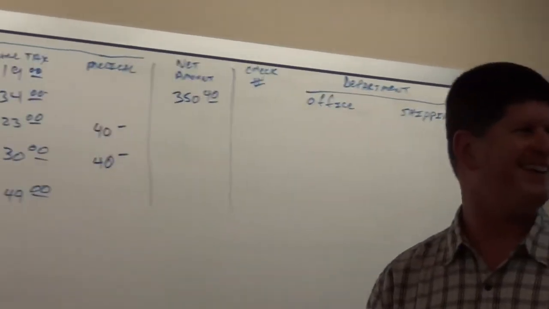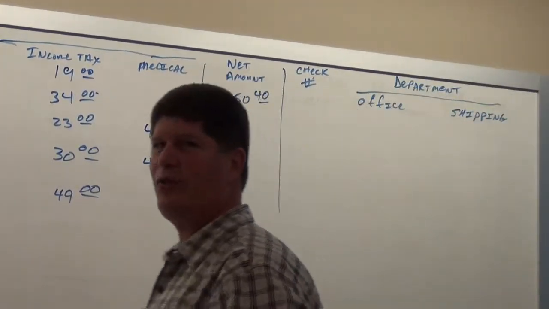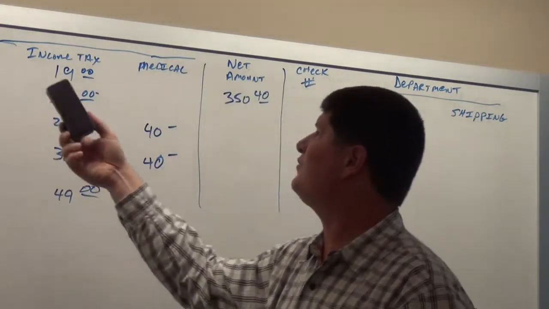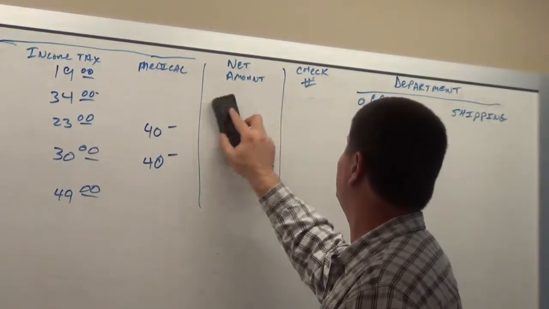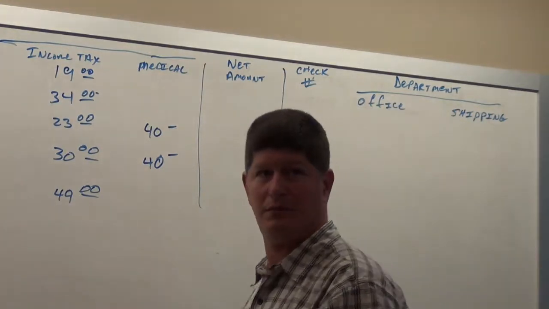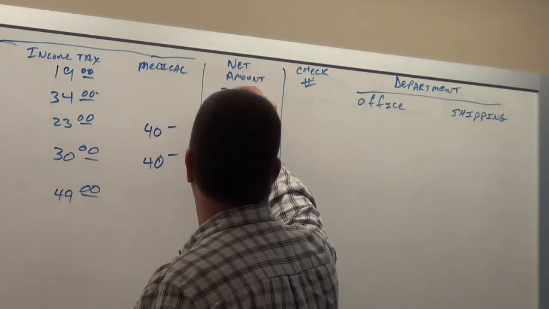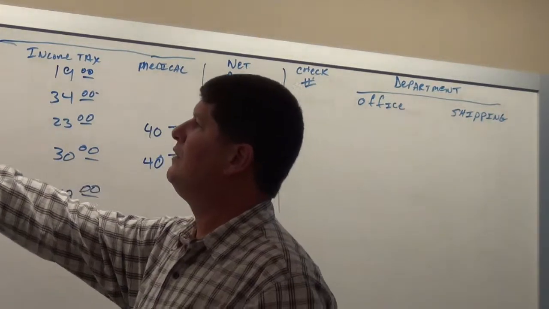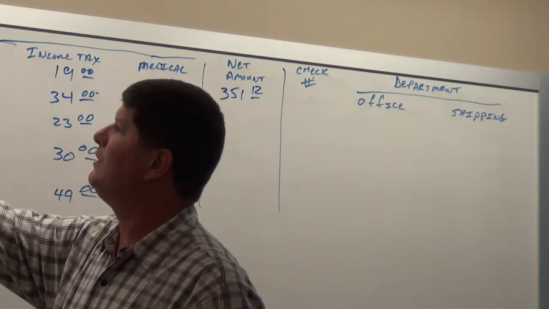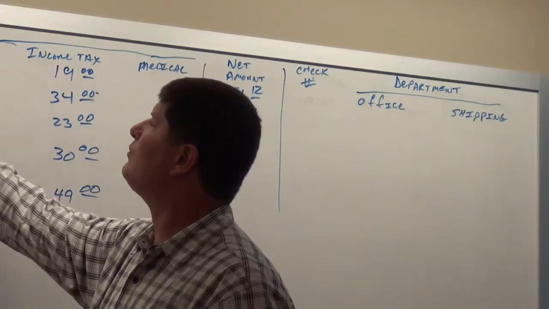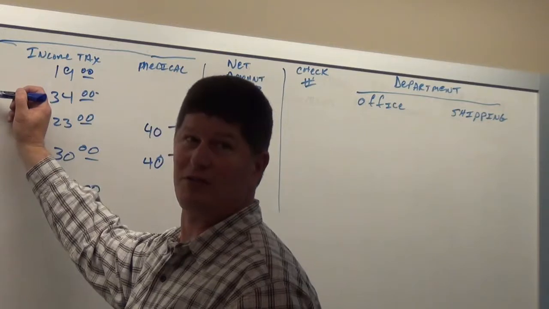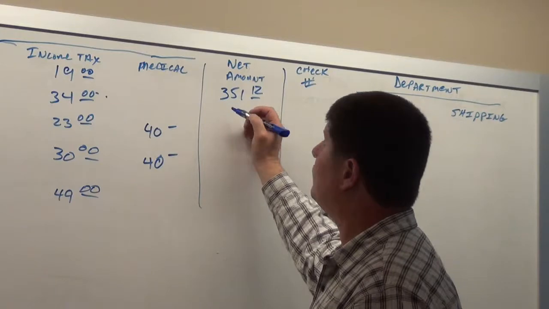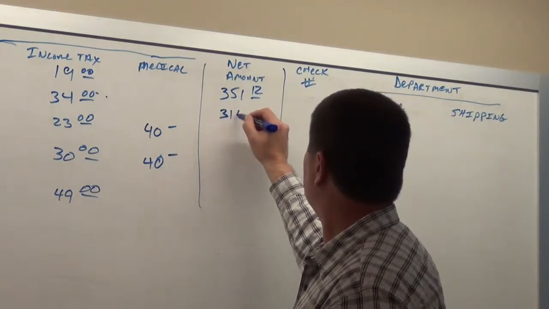Well, let's do the math ourselves then. Who'd like to do the math for me? What's $400 minus $24.80 minus $5.08 minus 19? $351.12. There we go, better. And the next one, Rodriguez. $380 minus $23.56 minus $5.51 minus 34 gives me what? $316.93.